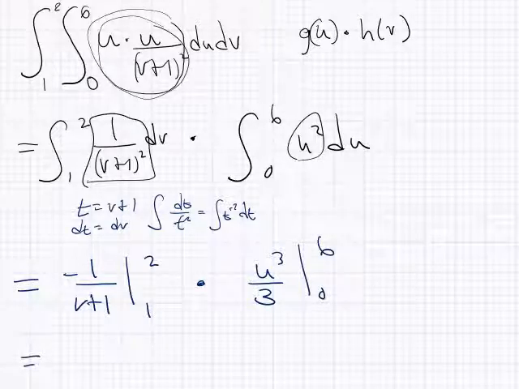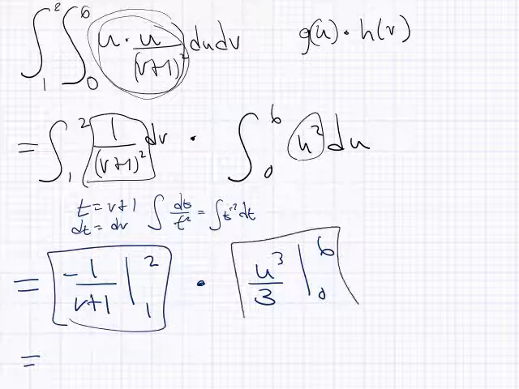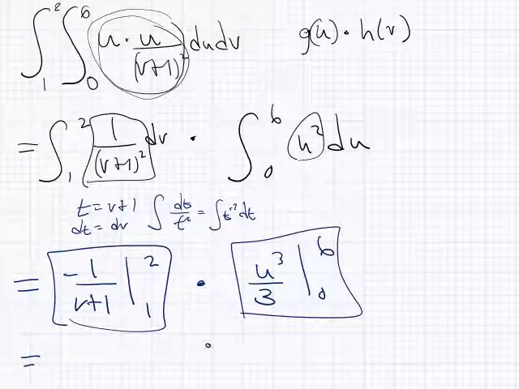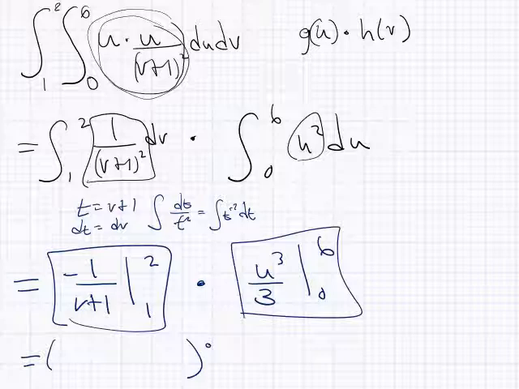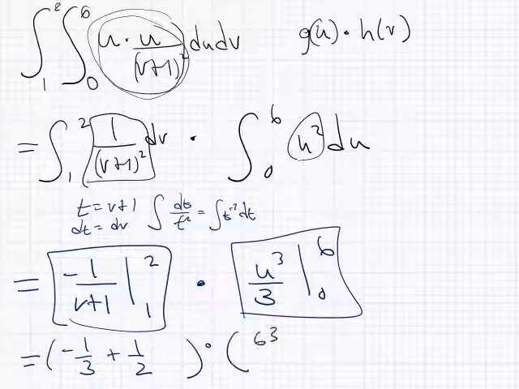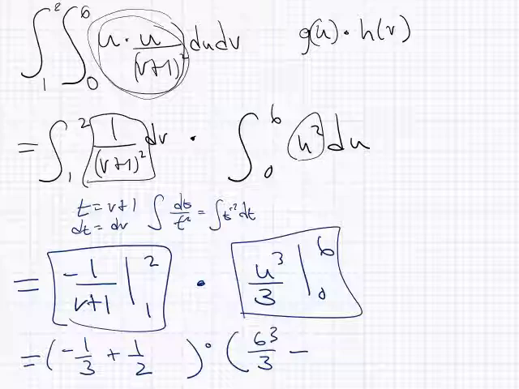So then we plug in 2, we plug in 1 into this piece, we plug in 6 and 0 into this piece, multiply them together, there's our answer. So what are we going to get here? Negative 1 over 3 plus 1 over 2, and this will be 6 cubed over 3 minus 0 cubed over 3.